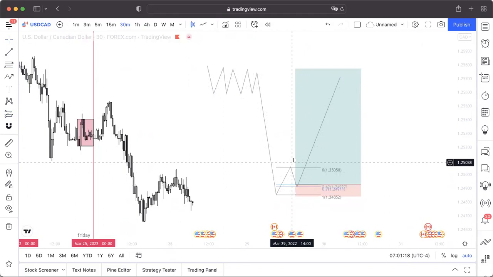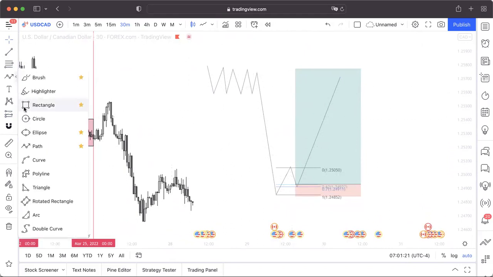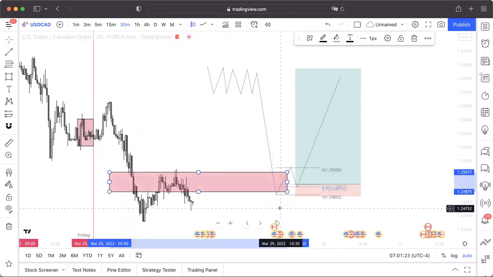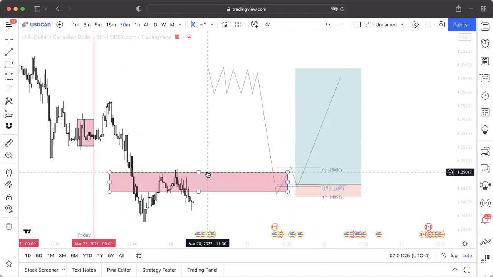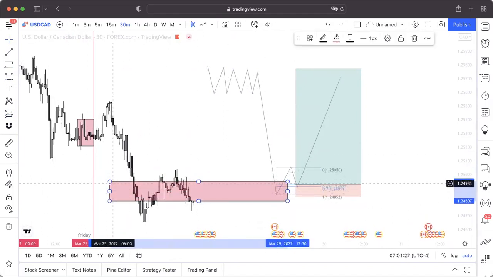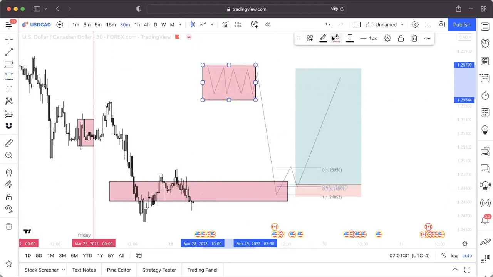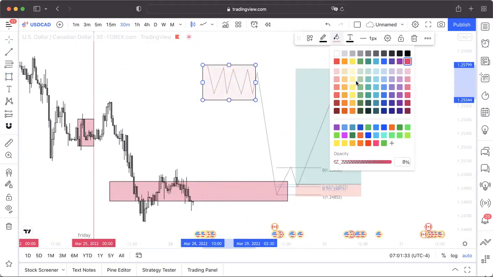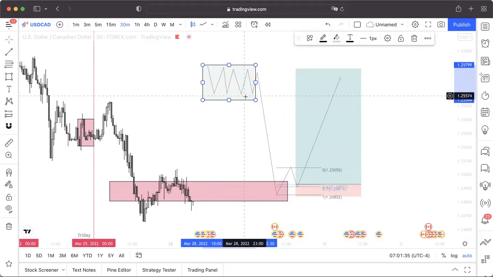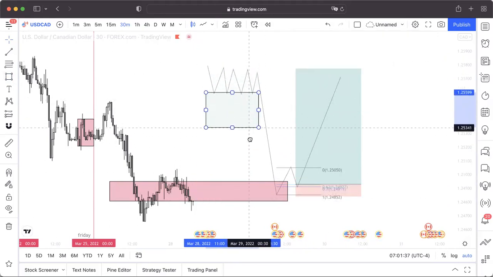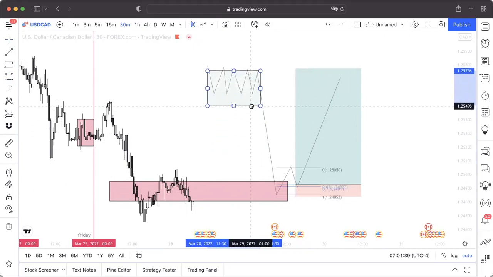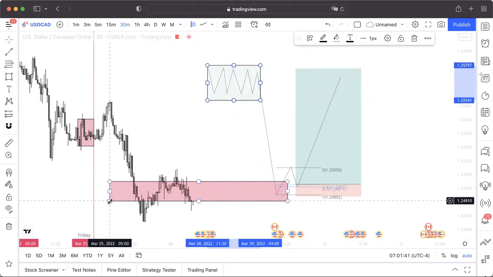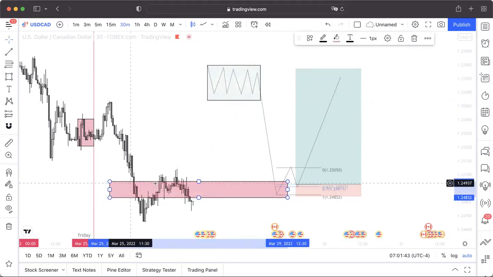You do not always have to take it like that. You can also use confluences from the past, like a breaker block from the past which the market just arrives to. So instead of just using the standard deviations and aligning the standard deviation with something, you can also use order blocks, breakers.